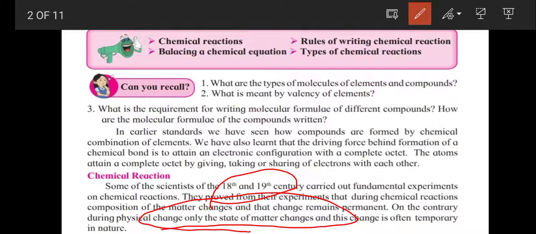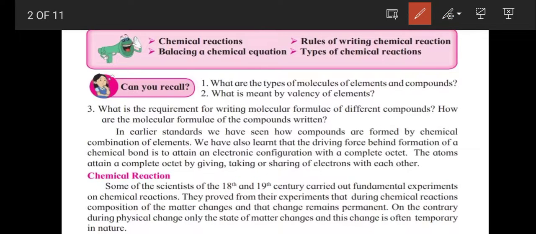So here only the state of matter is changed, so that is a physical change. No new substance is formed. Physical change is reversible, and vice versa, chemical change is irreversible.